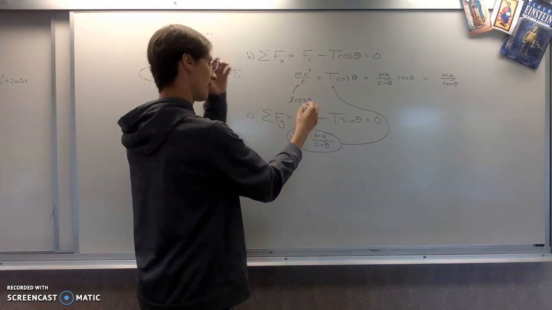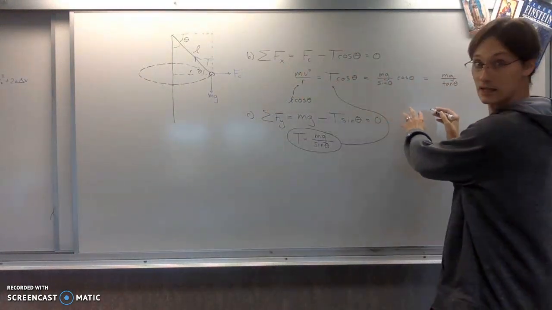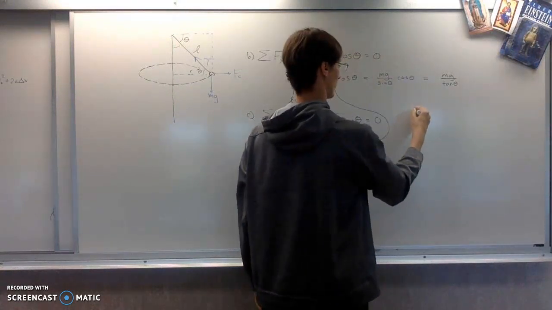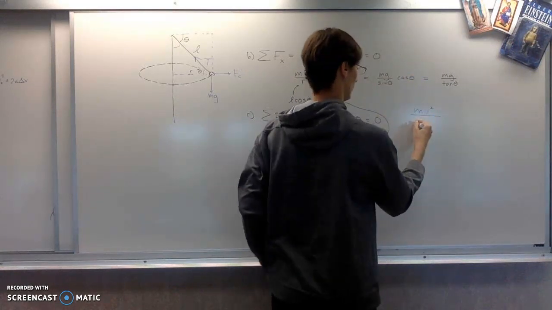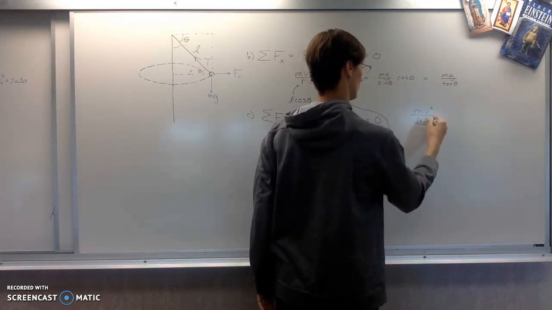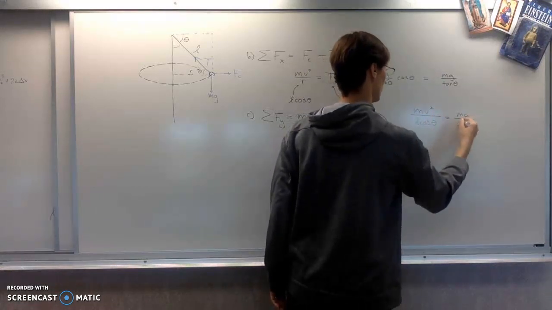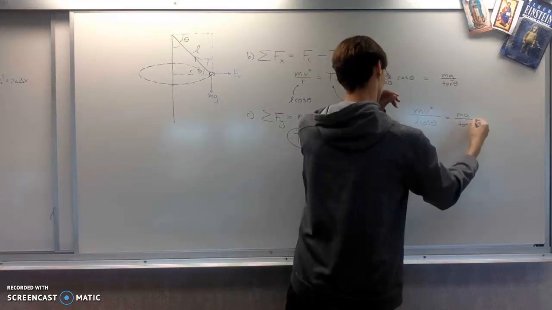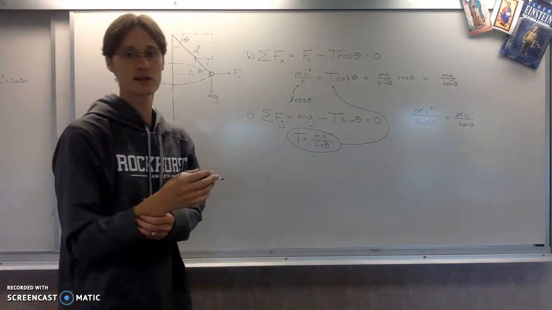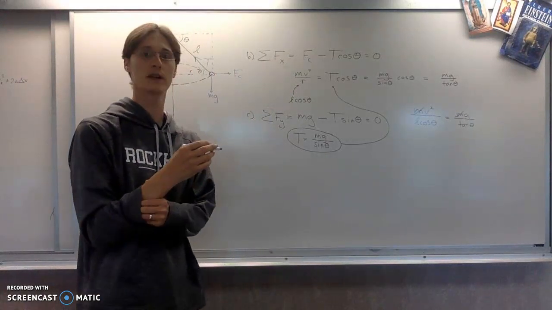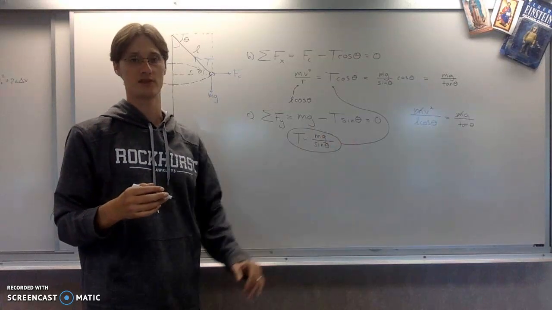So if R is L cosine theta, let me take these two halves and rewrite them over here. And that equals mg over tan theta. The mass will cancel out. So in theory, you could play tetherball with a bowling ball, and you get the same relationship between the angle and the speed.